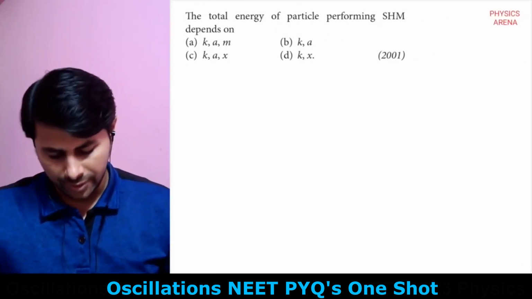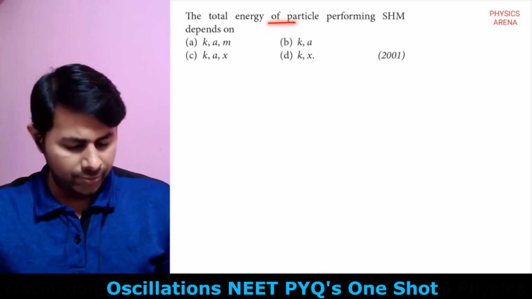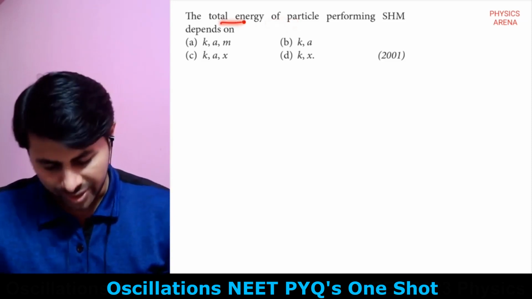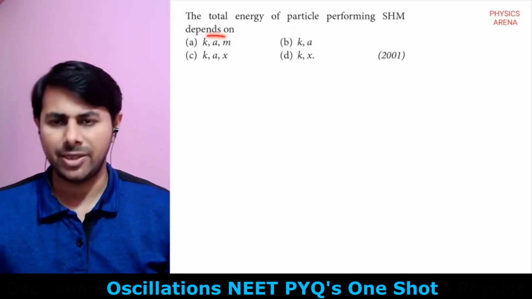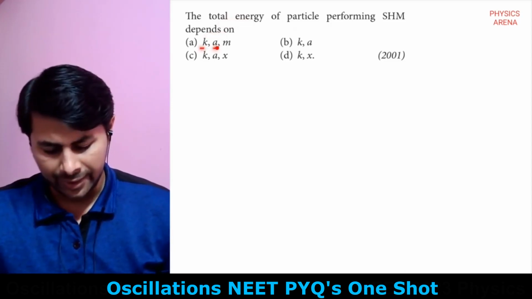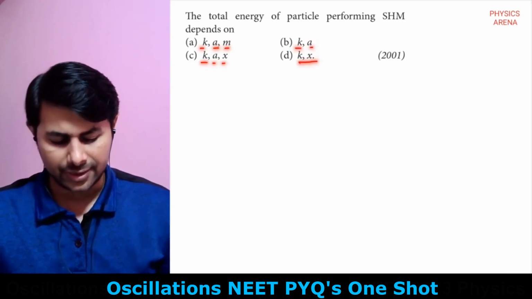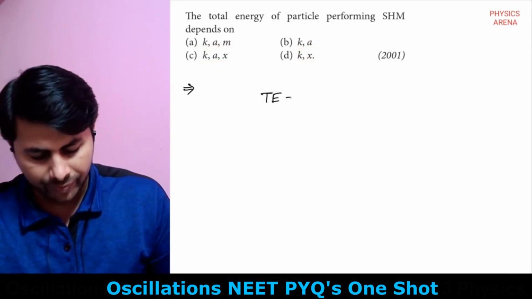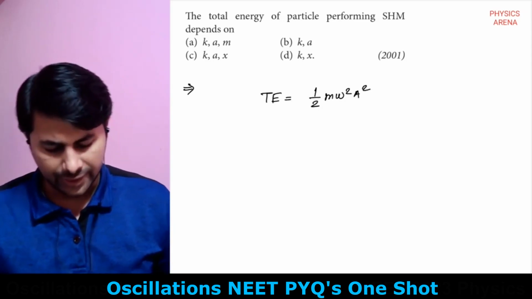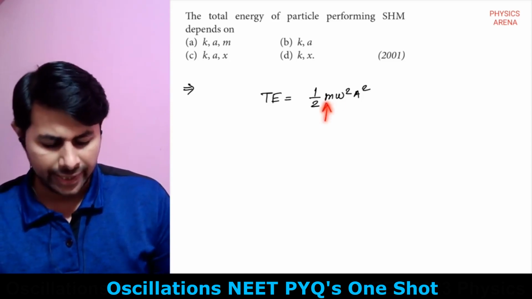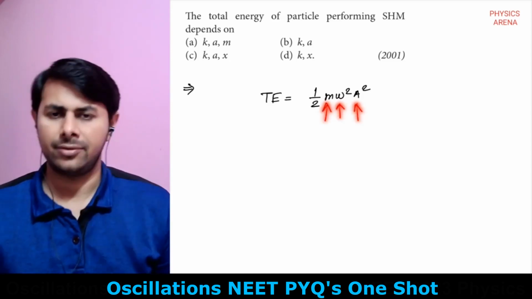Next question, the total energy of a particle performing simple harmonic motion depends on, so k, m, a, k, a, x, k, x. Total energy can be written as half of m omega square a square. So in this case you can say it depends on m, omega, and a.